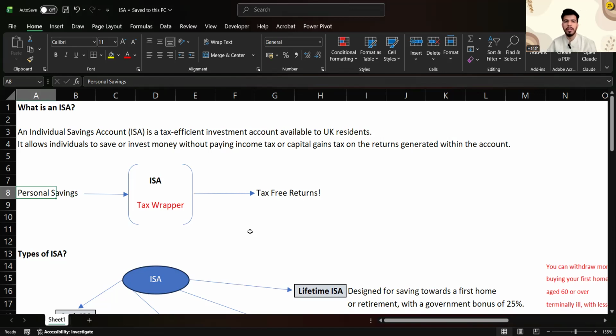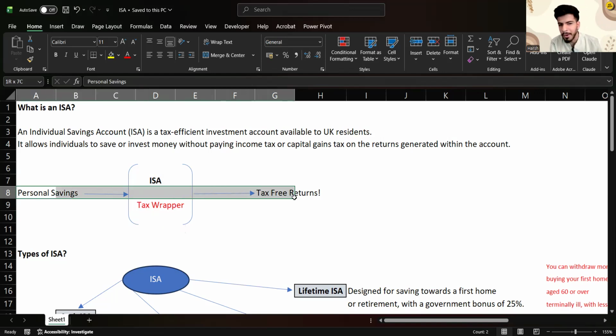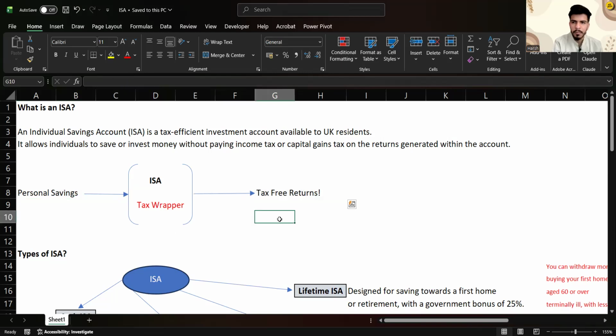So instead of going through a typical way, you go via an ISA account. ISA is a tax shield, it is a tax wrapper. Anything that goes through an ISA becomes completely tax free. ISA is a type of funnel which makes all your investment income tax free. So your personal savings go through the ISA and you get tax free returns.